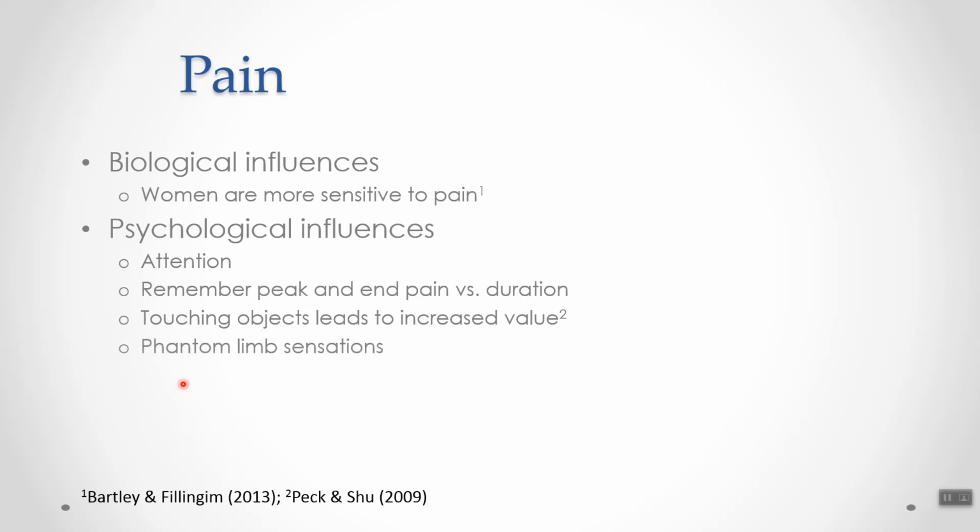Okay, and finally, in terms of psychological influences, there are also some phantom limb sensations that can occur. This occurs when an individual is maybe missing an appendage, an arm, a leg, something. Our brain produces false senses of pain or perception in that amputated leg or arm.